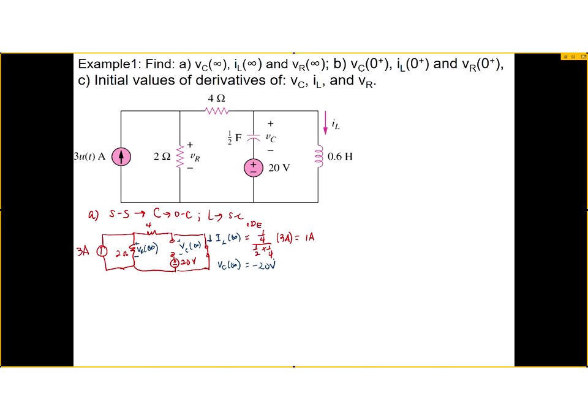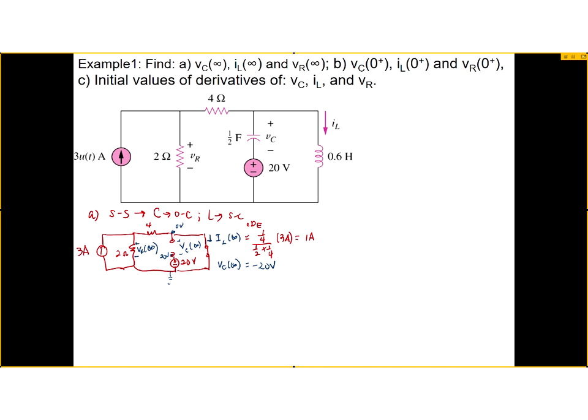Is that okay? Or some of you would rather look at this as node voltages, right? So if this is my ground, what's the node voltage here above the 20 volt source? It's going to be 20, right? What is the node voltage up here? According to the fact that the inductor is short, the node voltage up there must be 0.